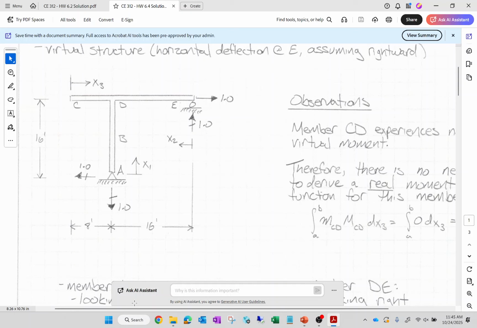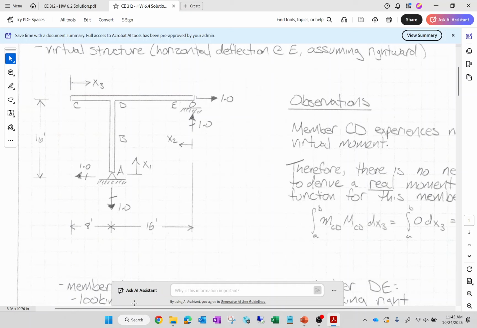This is the virtual structure, right here. We're trying to find the horizontal displacement at E, right? So I put a horizontal load here. If I got one this way, here's a hinge, one that way. Again, they're not both equal to 0, their sum is equal to 0.